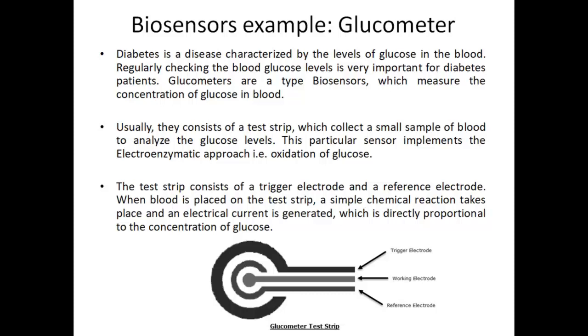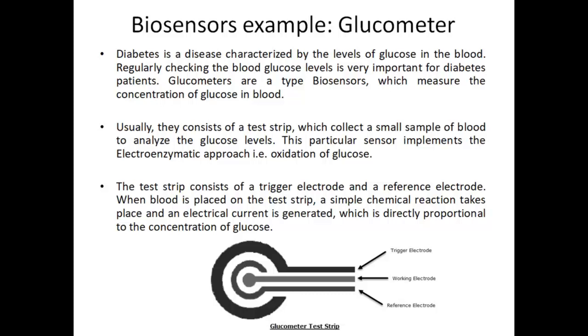When an electrolyte and a metal come in contact with each other, some redox and oxidation reactions take place, and then current starts flowing, and you attach it to a reference electrode, and you can measure the voltage that is produced, and that voltage is actually proportional to the concentration of that particular metal or the ions in the solution, right? So similar thing is happening over here on this test strip.